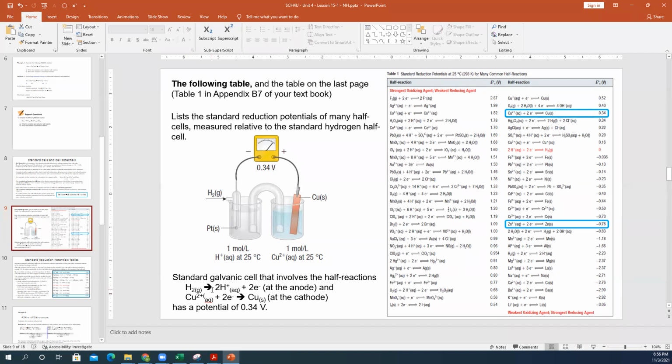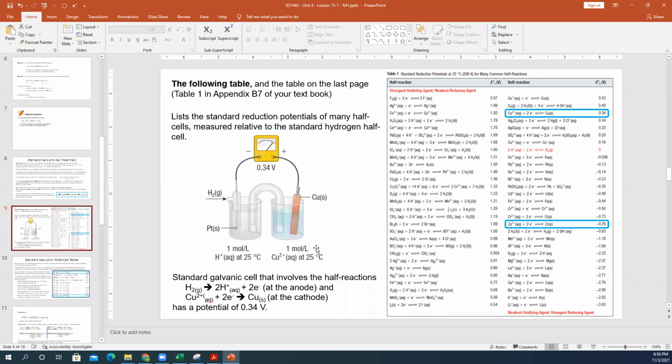You have the hydrogen gas, it becomes oxidized to 2 hydrogens with a single plus charge on them, so an overall charge of +2, and of course 2 electrons to balance out those 2 positive charges here. And if you notice, it's 2 hydrogens because on this side we have H2 gas, a molecule of H2 gas, which has 2 hydrogen atoms on it.